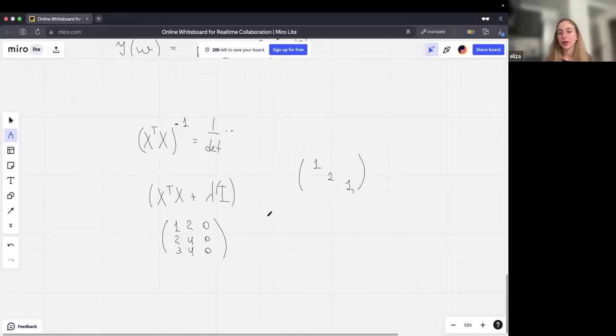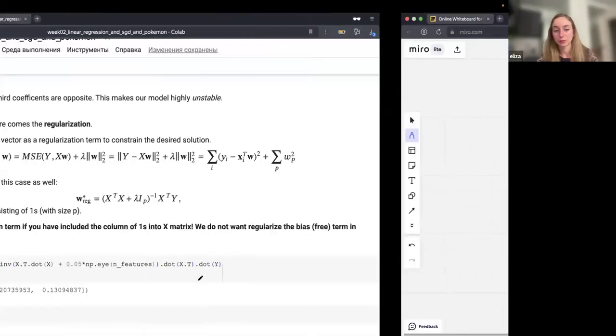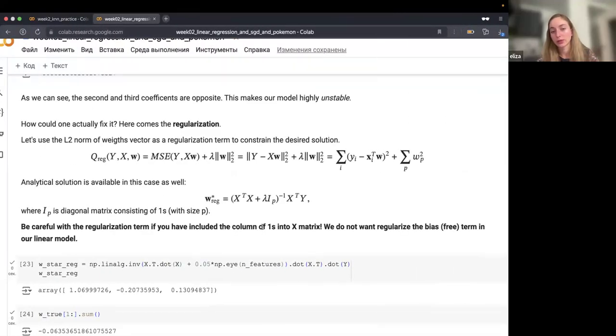And when you add this matrix, you get +1 on the diagonal, and it helps to fix the situation with the 0 determinant. And when you calculate the determinant, it will be some possible value, and we will fix the problem with singular matrices.